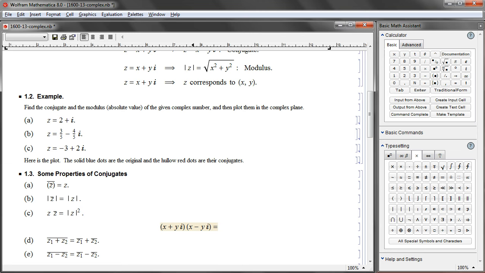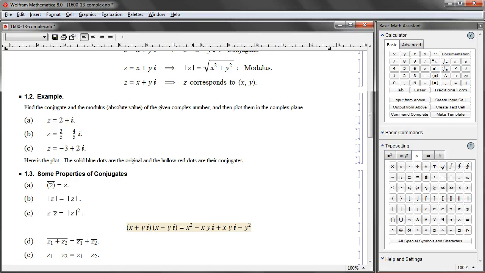So if you FOIL it away, what do we get? x squared, that's the first, and then the outside, minus x times y times i, and then inside, x times y times i, and finally the last, y squared times i squared.